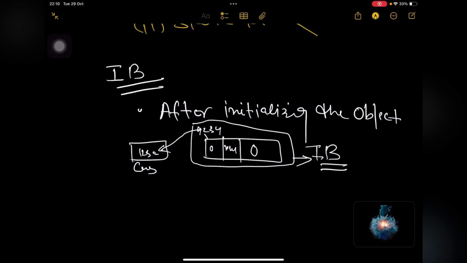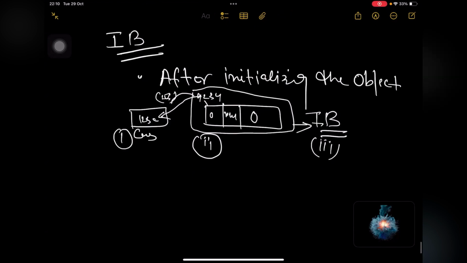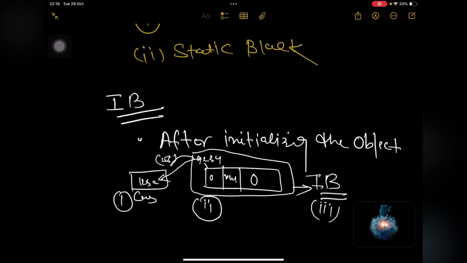So this is the first step, the second step, the third step, and this mapping is the fourth step. If you see the video, you can understand. So you get a clear idea about the initialization block: where to define, when it will get executed. It doesn't have a name. Clear to you all?